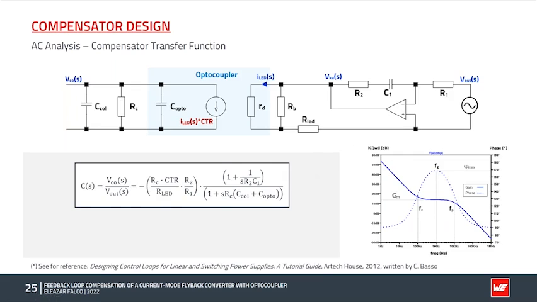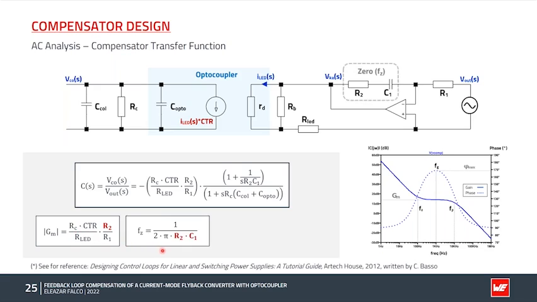We observe that it has the structure and the characteristic of a type 2 compensator, which we already introduced before for convenience. We have a mid-band gain, GM, which in this case will be set by the resistor R2, since all the other component values, which also set the mid-band gain, were already calculated for the DC bias design.